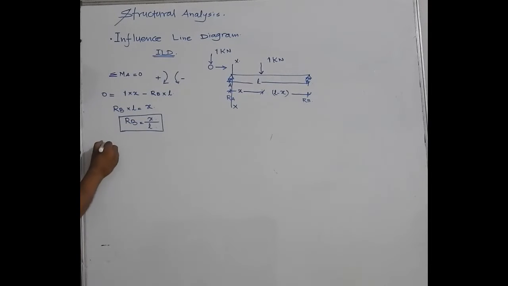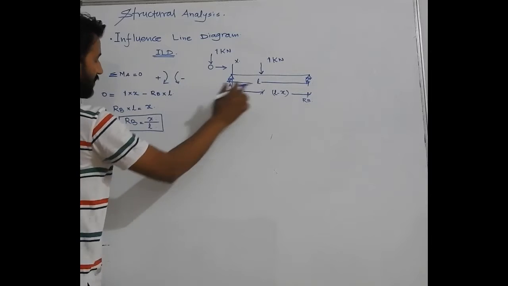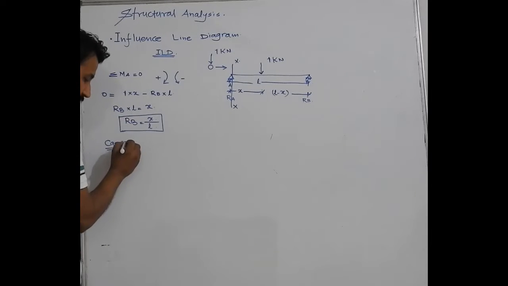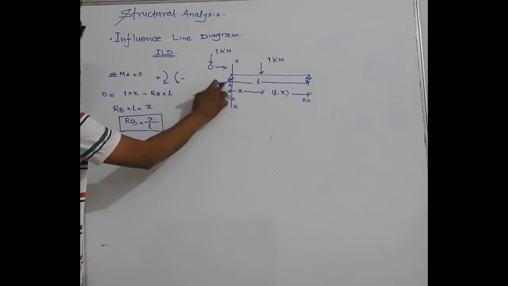Now we will take the cases in which we take the value of x with this distance. In the case of RB, we take x is equal to 0. If we put x is equal to 0, RB will be 0.